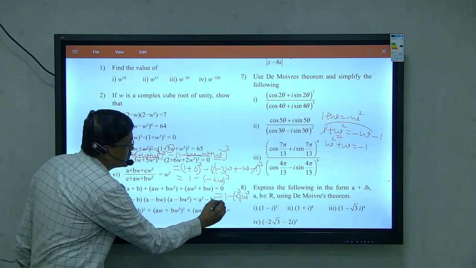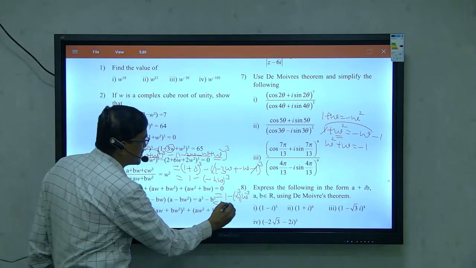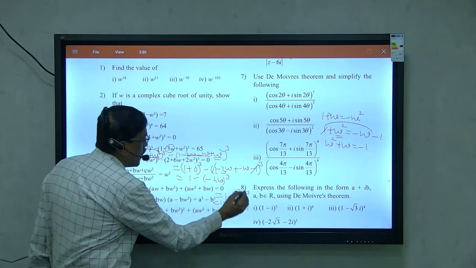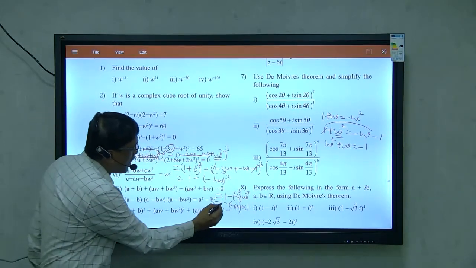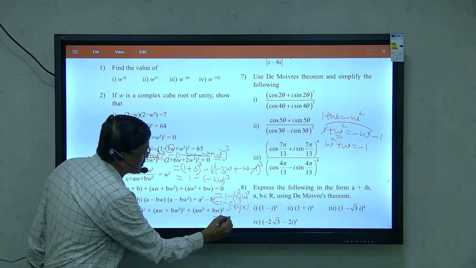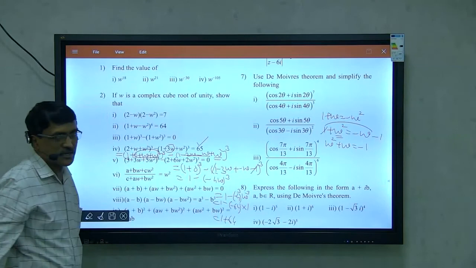What is minus 4 cube? It is minus 64. And omega cube is 1. Minus into minus is plus, 64 into 1 is 64. So it is 1 plus 64, it is 65, which is our right hand side.